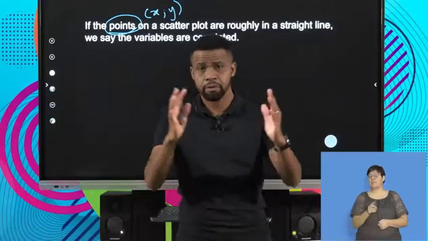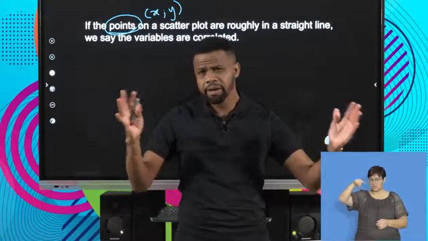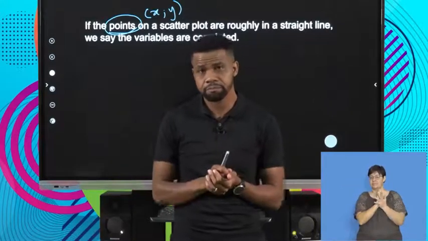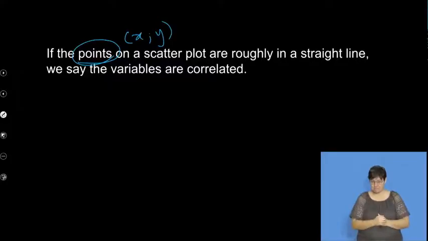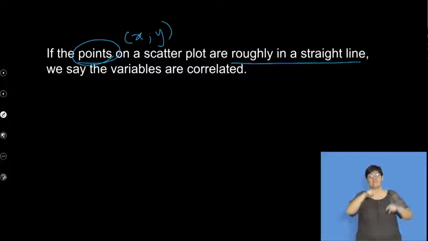And if you look at the trend, we can kind of guess our correlation. See, if the points on a scatter plot are roughly in a straight line, we say the variables are correlated.